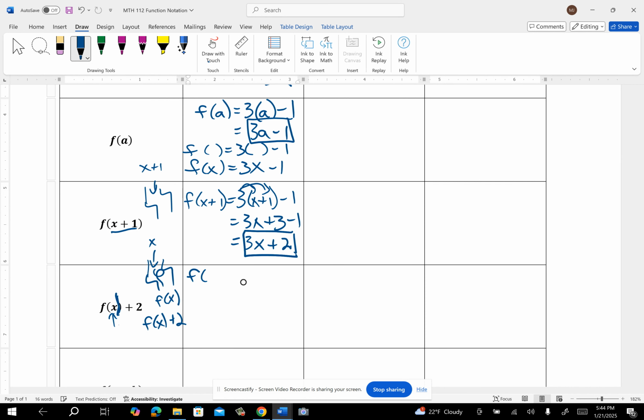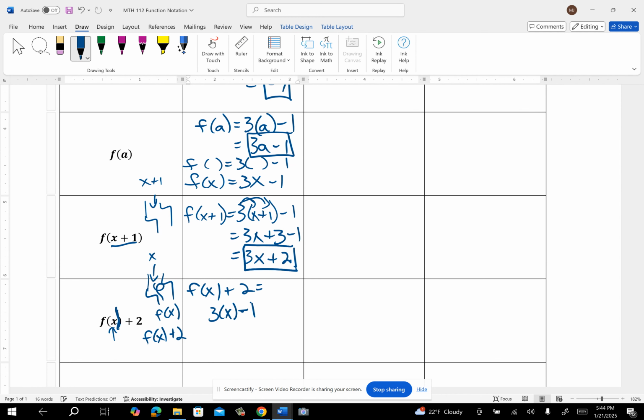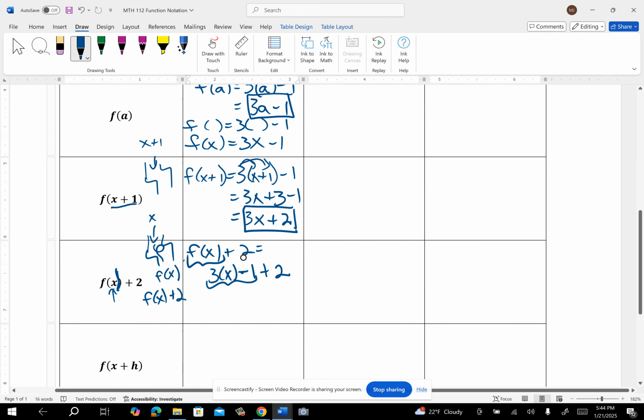So f of x plus 2 would equal 3 times x minus 1. That's the output. And then after it comes out, I add 2. Like f of x is the 3x minus 1, and then I need to add 2. So it's just like throwing that plus 2 there at the end. Notice that's not the case on the previous problem. X plus 1, that's all part of your input. That's all going in at the top.